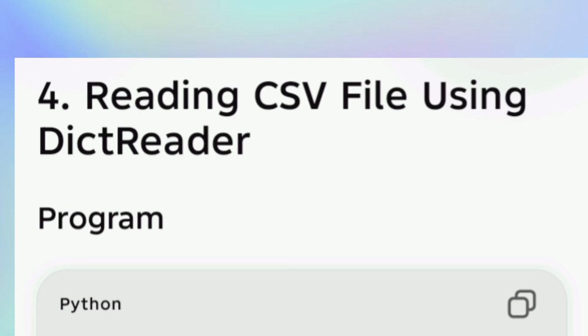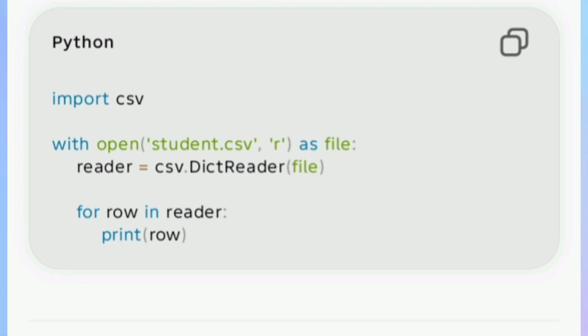Reading a CSV file using DictReader. Import csv. with open('student.csv', 'r') as file, reader equal to csv.DictReader(file).